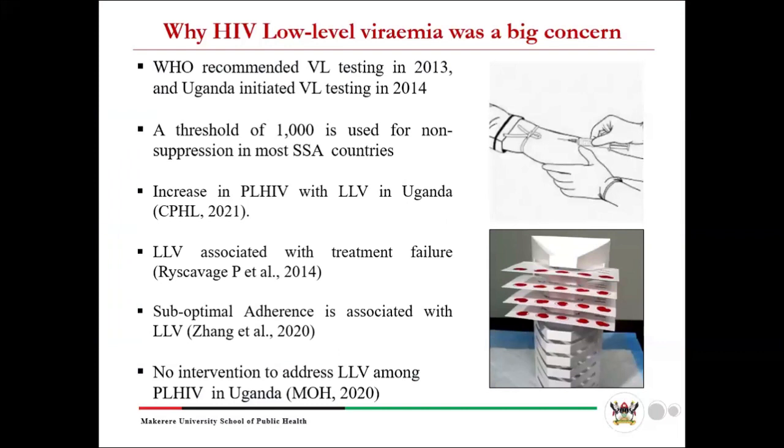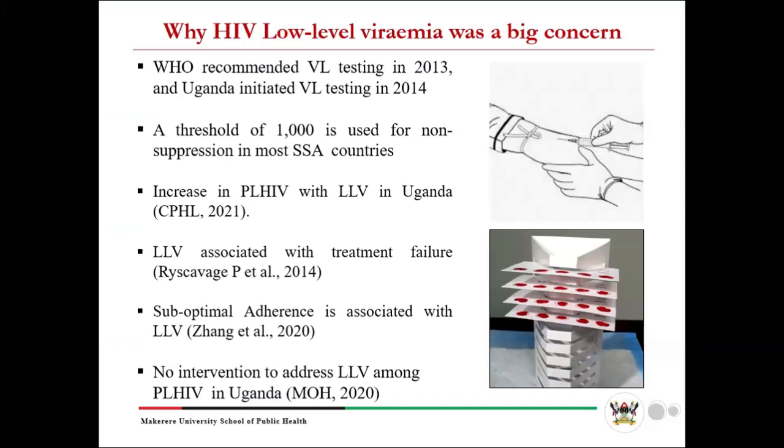And the main goal of this study was to generate information which would guide the Ministry of Health in Uganda to review the viral testing algorithm and also institute interventions to manage low-level viremia within the country.